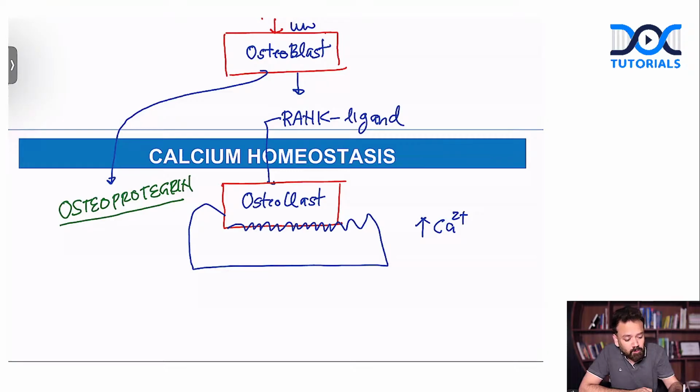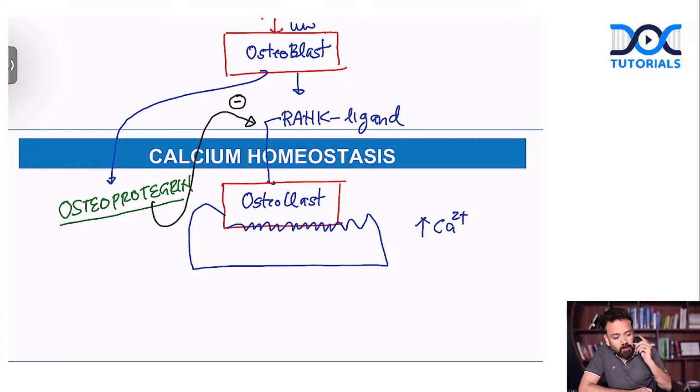Why is it an important hormone? Because this is inhibiting the RANK ligand. Osteoprotegerin formed by osteoblast inhibits RANK ligand, so you can say it prevents osteoporosis. So this is how it is preventing osteoporosis.